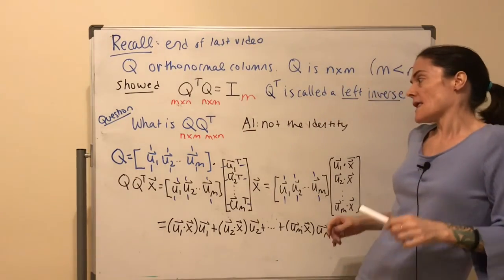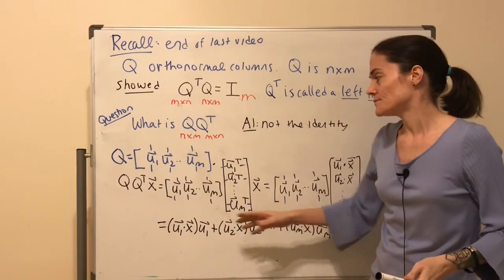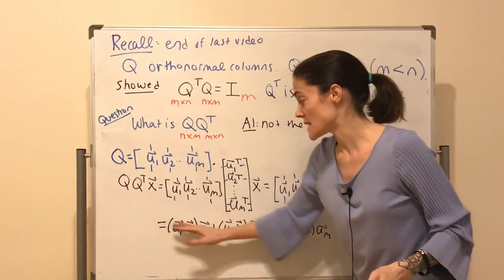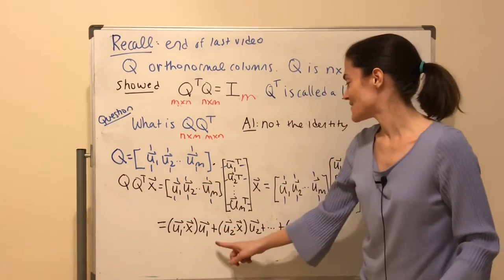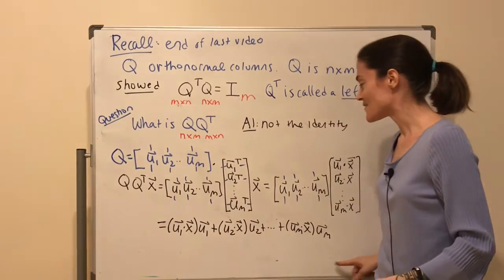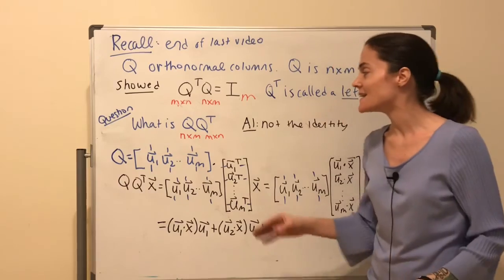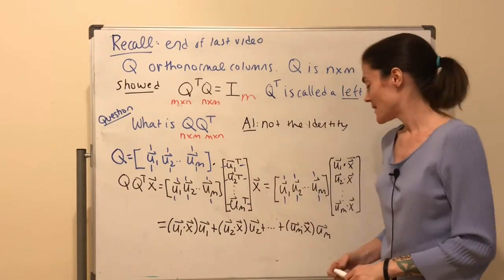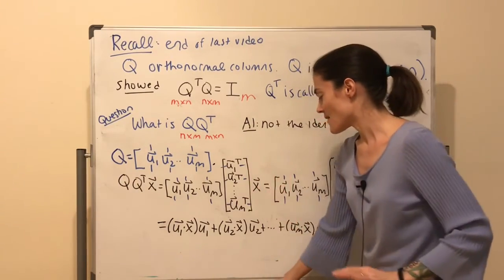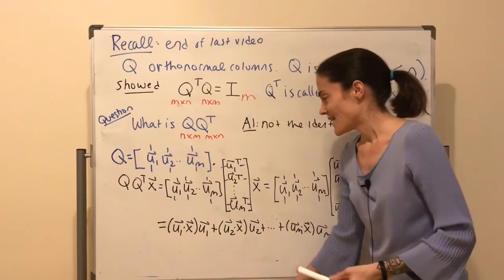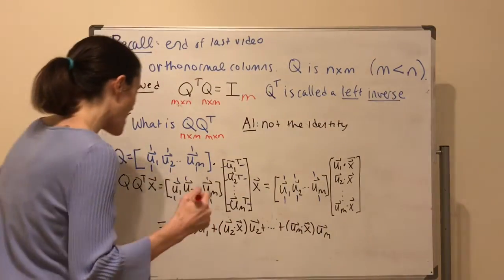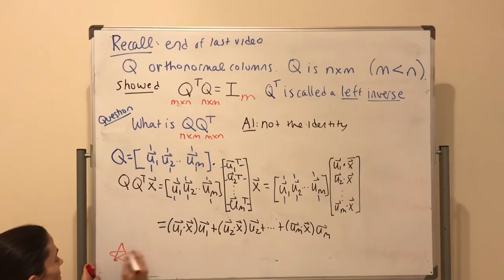So what you see here, this matrix, QQ transpose, is projecting onto, right? This is the projection formula. It's projecting onto the subspace spanned by U1 through UM. And this is the matrix of orthogonal projection. Okay, so I'll make it as a comment below. So this is very cool.